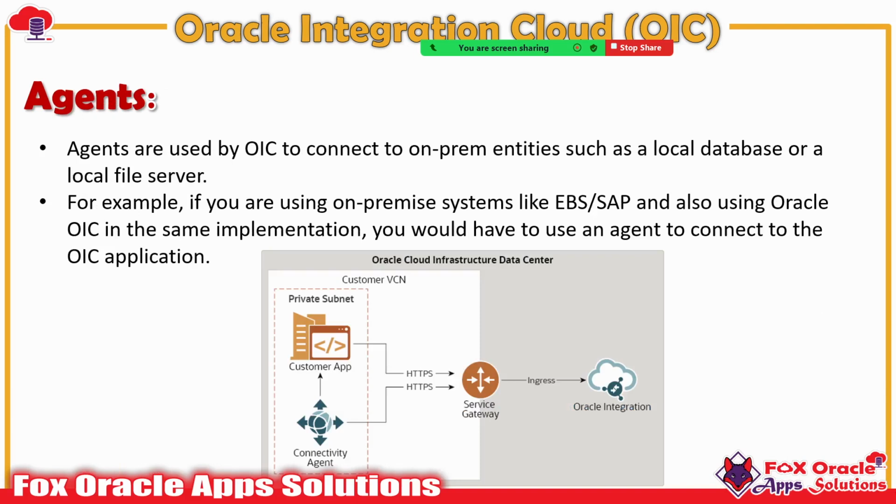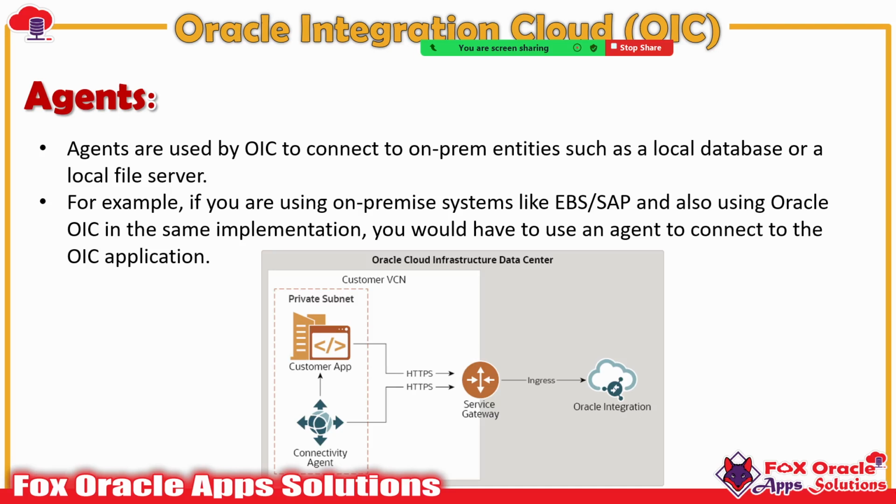Now next we have the agent. As I told you, the adapter is going to identify which third-party system we are going to connect. There are different third-party systems that can be available over cloud and that can be on-premise applications. Whenever we have to make connectivity with a third-party system which is available over cloud, we can directly use the adapter to create the connection.